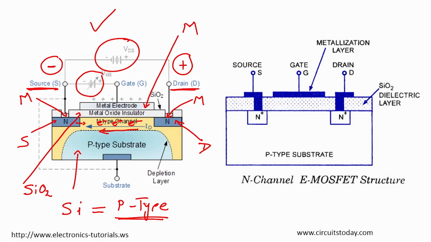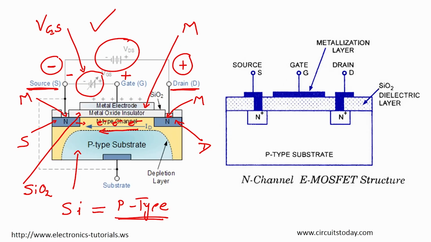Next, what is this? This is my gate to source voltage, VGS. Here I have applied positive to the gate and negative to the source.